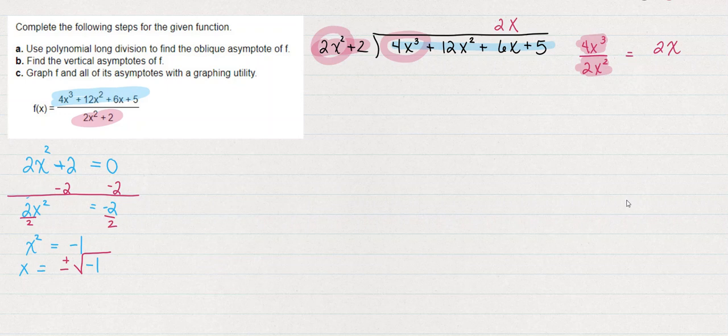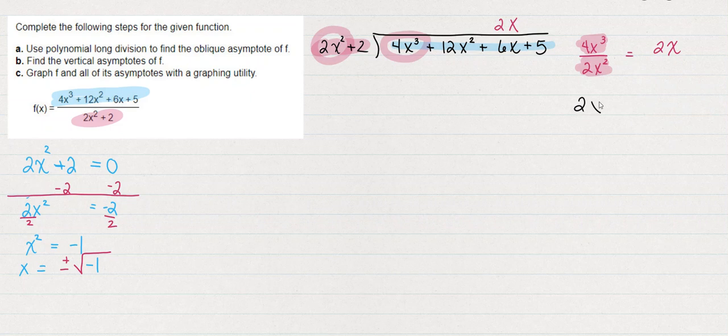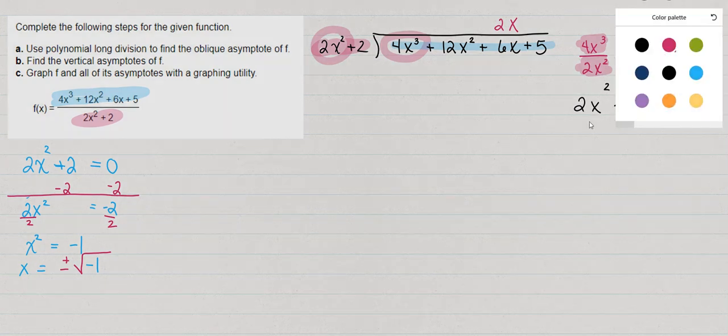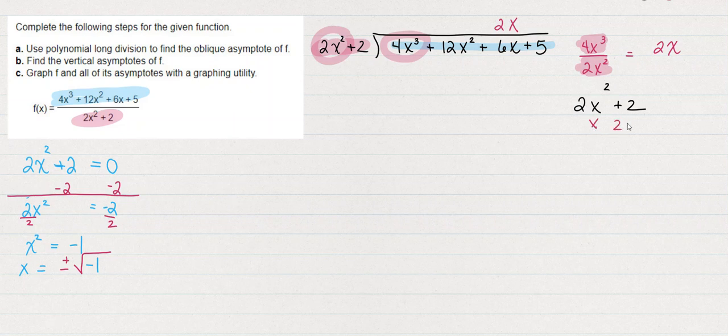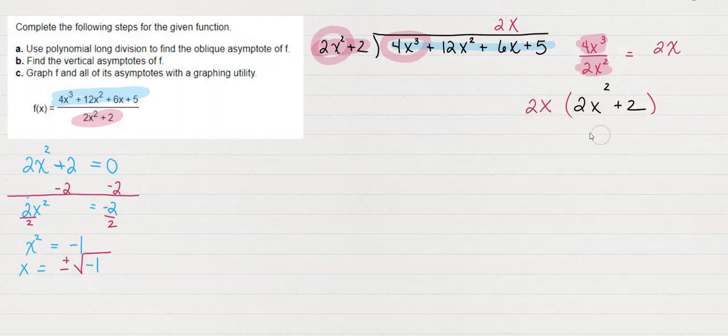After you divide, the next step is to multiply. So I'll take this 2x squared plus 2, and I'm going to multiply that times our 2x. Really what I'm going to do is distribute the 2x.